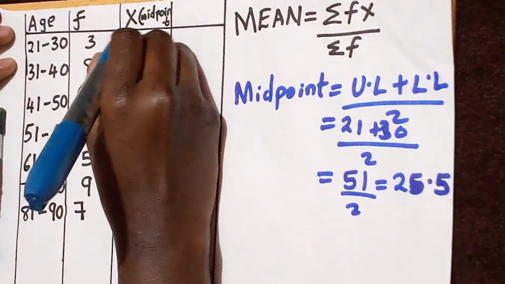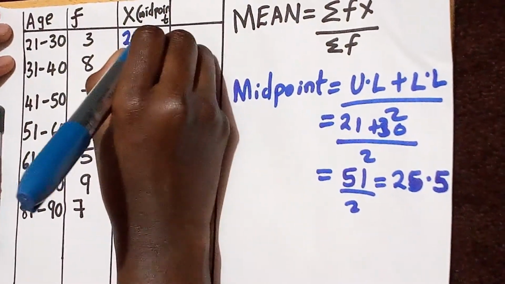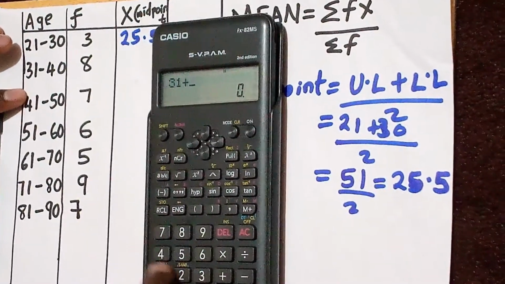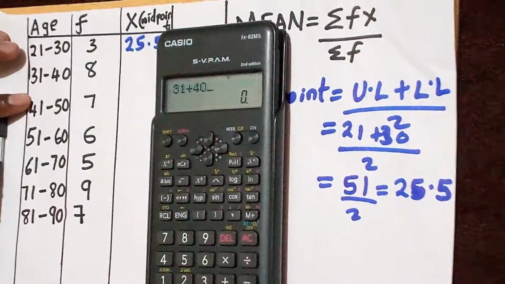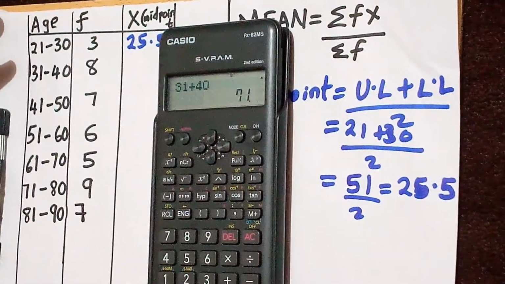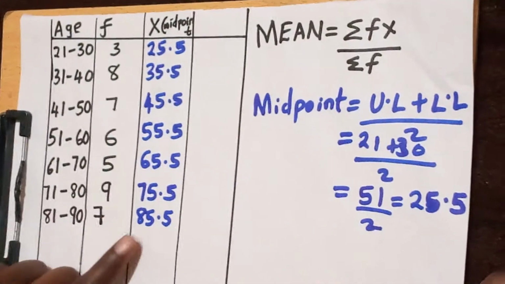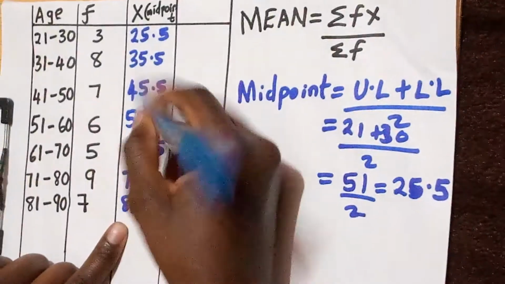So we have 25.5. 31 plus 40. So I have already calculated the midpoints.